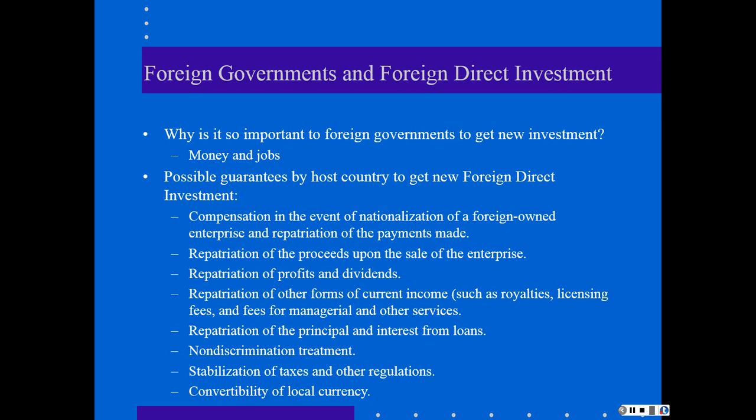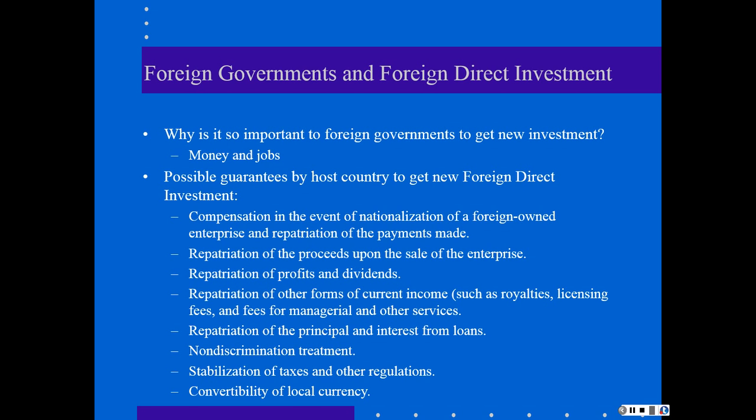There are possible guarantees by the host country to get new foreign direct investment. Well, one of the fears whenever you go into a foreign country that may or may not be friendly is the fear of nationalization. And nationalization is the taking over of the industry by the government.